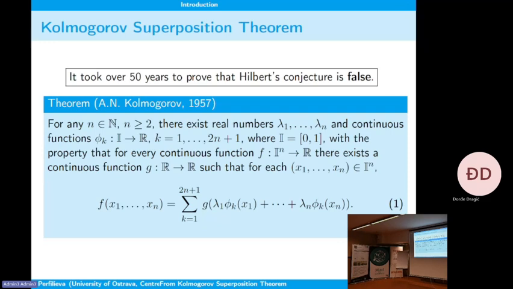First of all, some details. What is important here? Look, it is important that in this representation, the internal part does not depend on the function f, and only the function g depends on f.